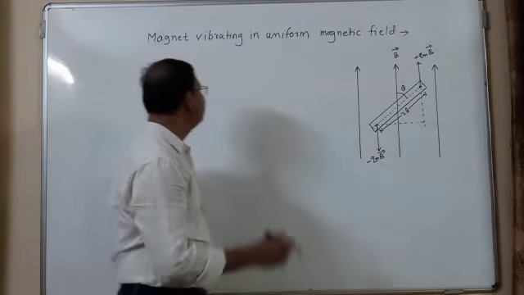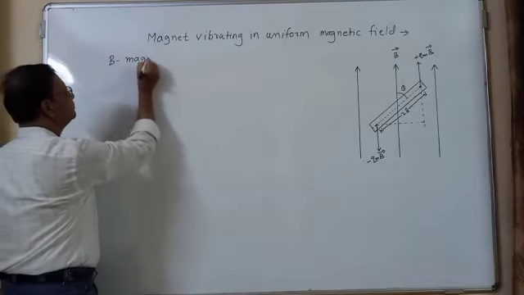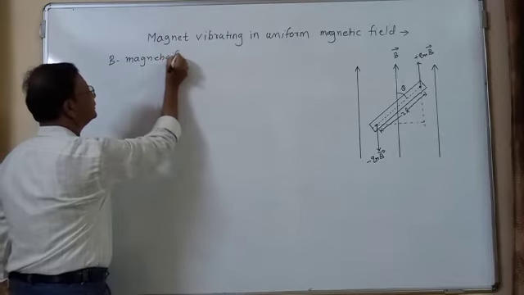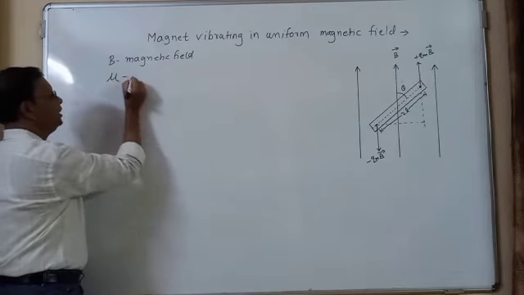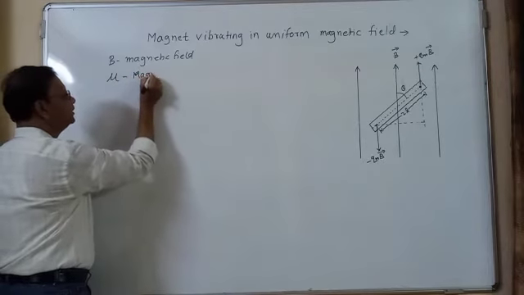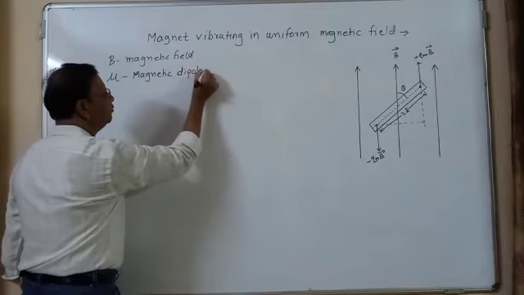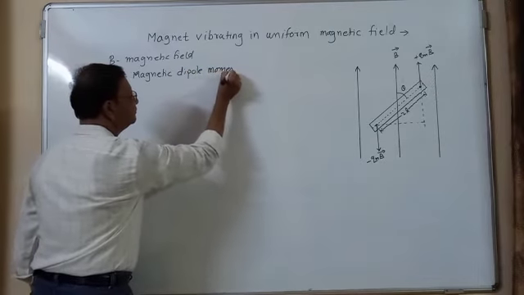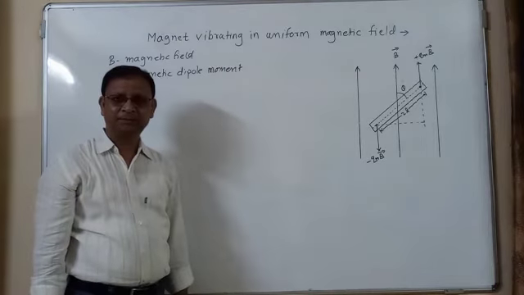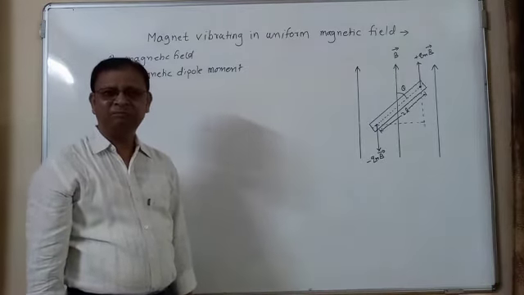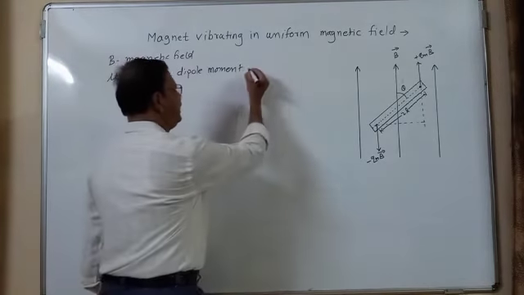Suppose B is the magnetic field and mu is the magnetic dipole moment. The magnetic dipole moment is the product of pole strength and magnetic length.